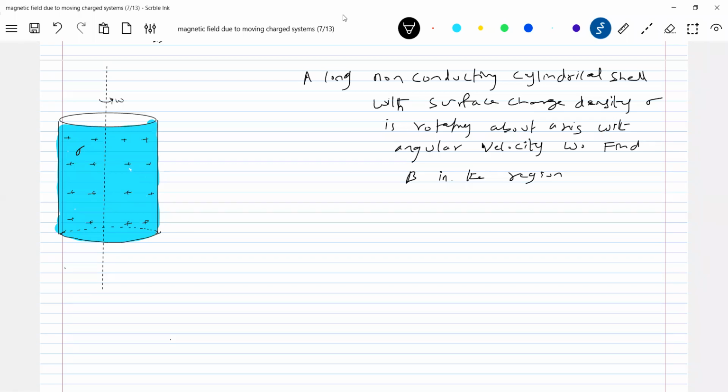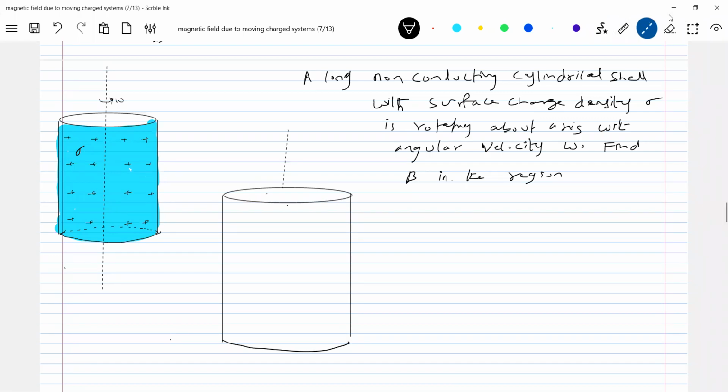So what I do is assume a system like this. This is the axis about which it is rotating.